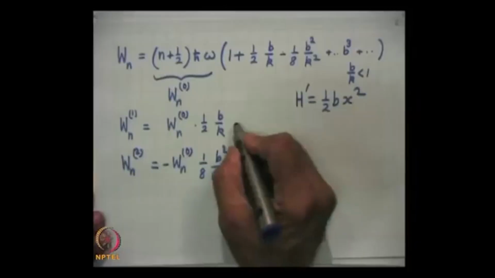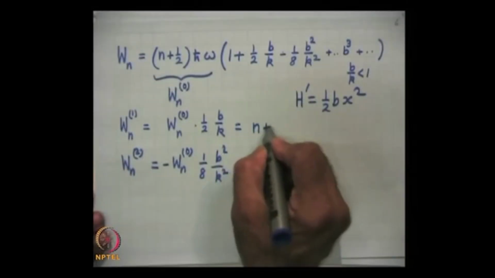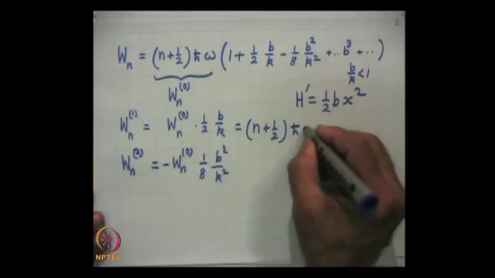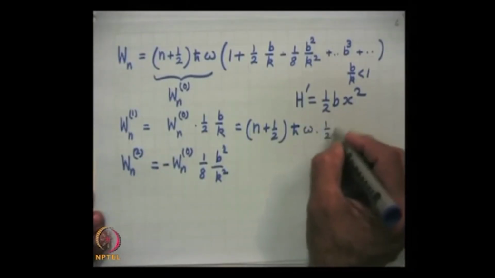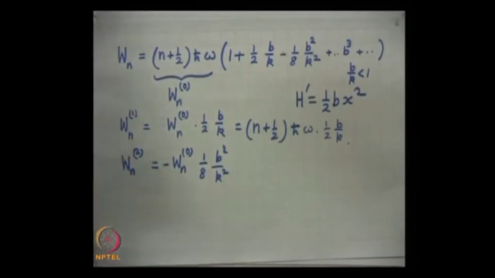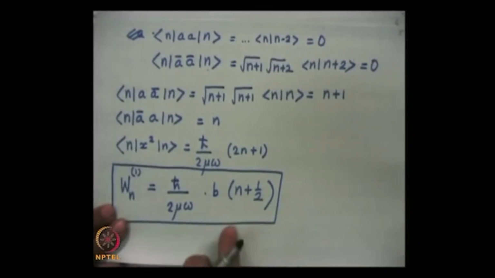Nevertheless, this is my first order perturbation. So, this is n plus half h cross omega times half b by k, and I leave it as an exercise for you to show that this term and this term is the same.